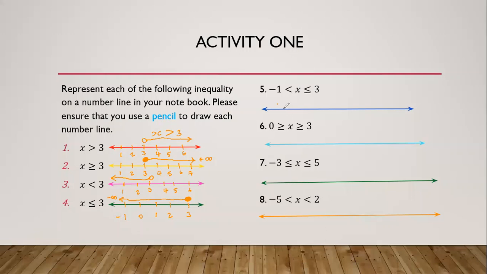Now, we're going to indicate on our number line where each number is going to be. So here we would have some strokes on the number line. Remember to keep the strokes at equal distance apart. So the key numbers are -1 and 3.